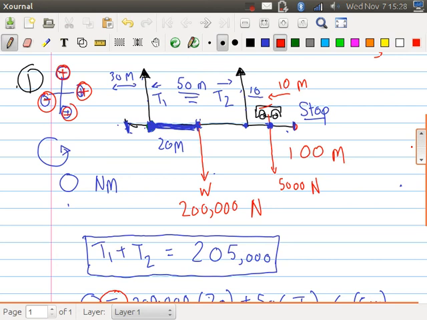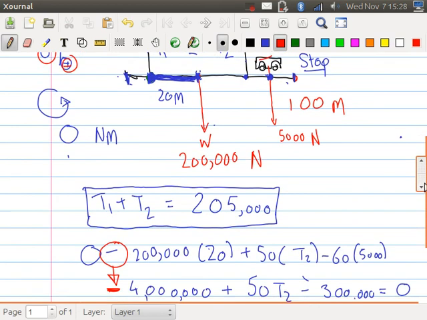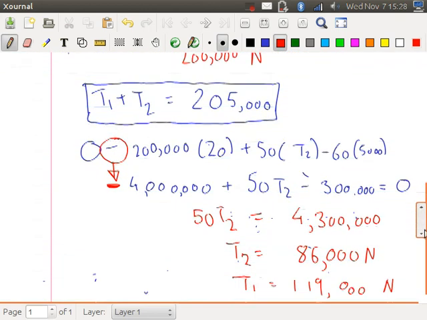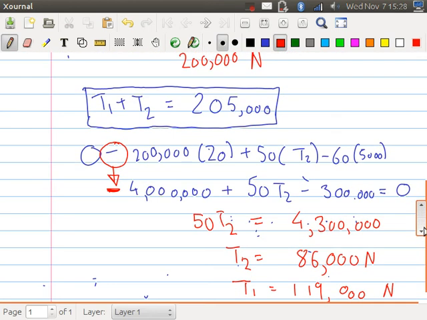So can you go down a little bit? You want the calculations now? What happens when the car moves to the left? What happens to the tensions? T1, T2 will be what? T2 will get bigger.